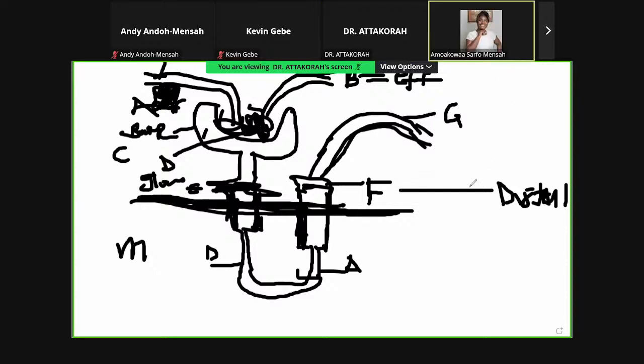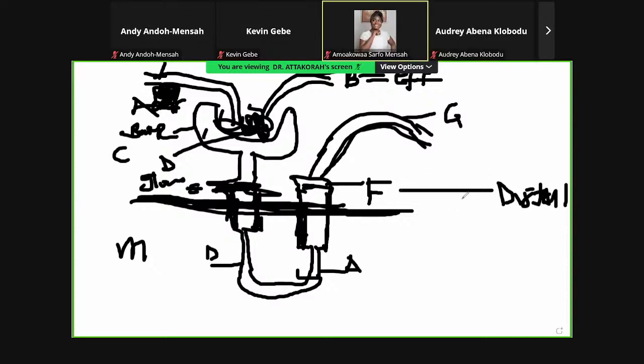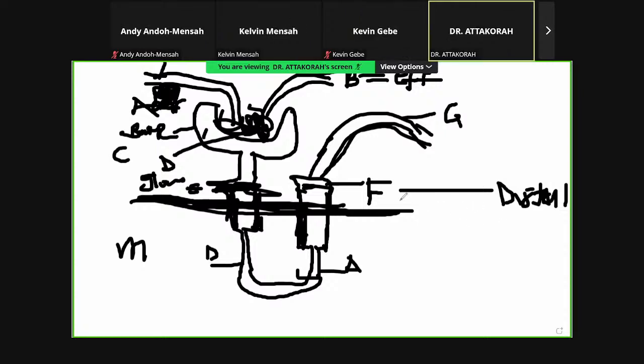Cortex medulla junction. Any other? Who said it? Is it Hillary or me? Or what is the name of this?